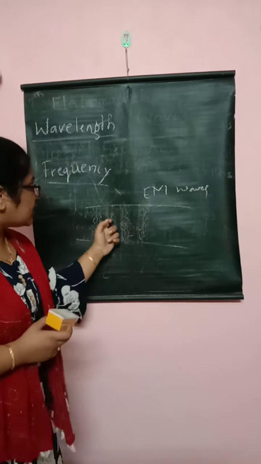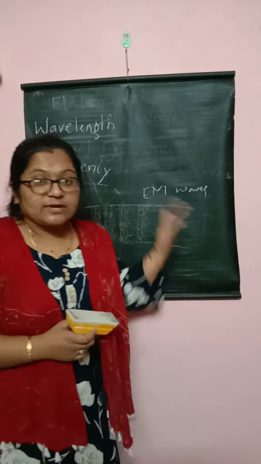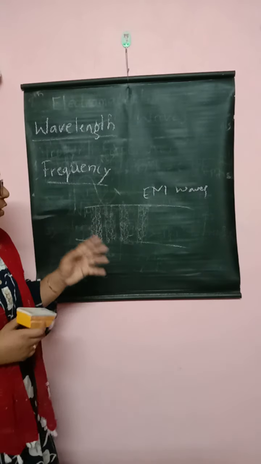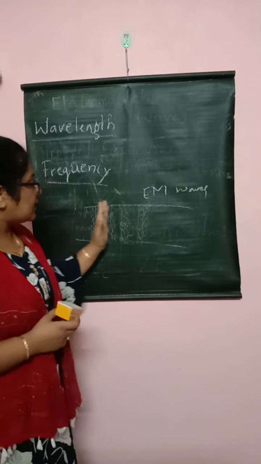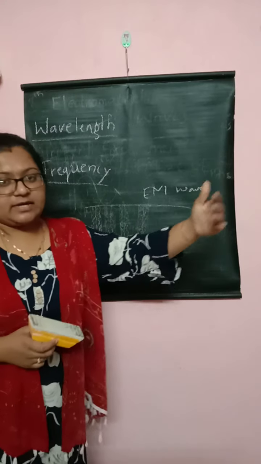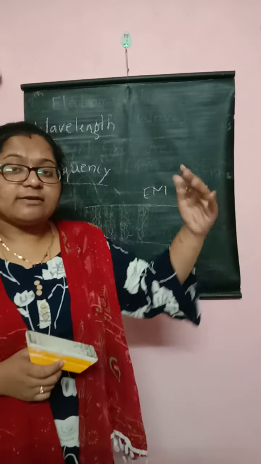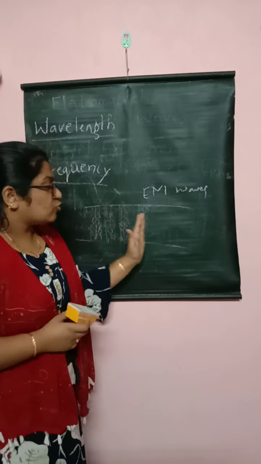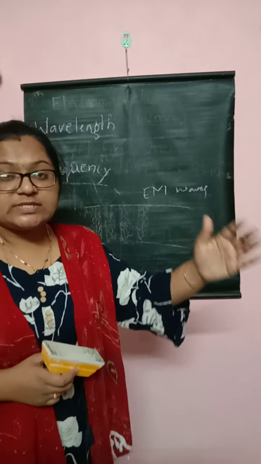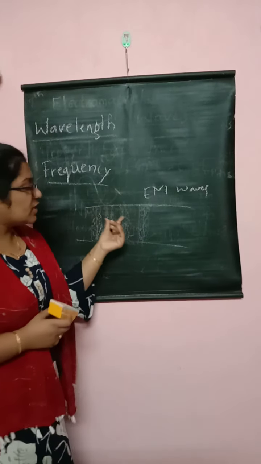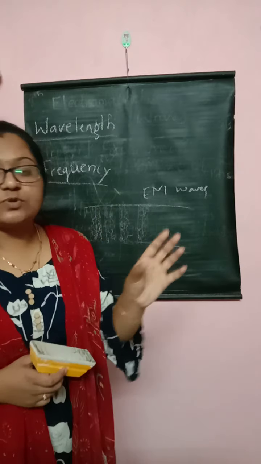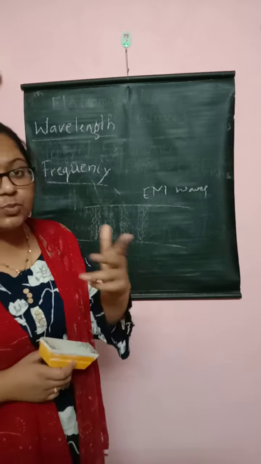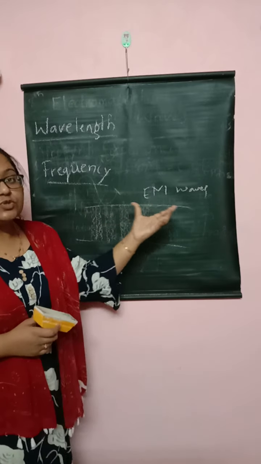So at different places of its wave, it will be having different frequencies and different wavelengths. So depending on that, this electromagnetic wave is divided into separate regions, and to every region we have given different names also. The different regions of different frequency and wavelength will possess different names also.